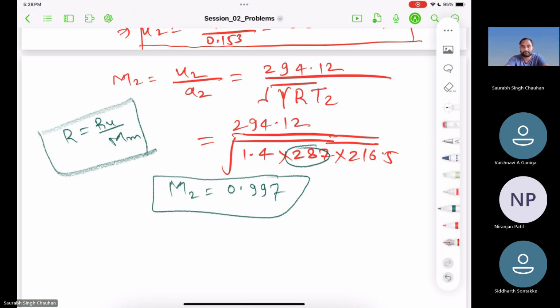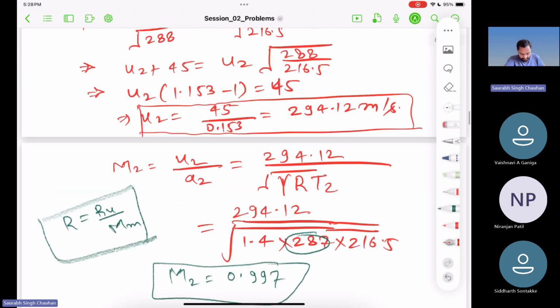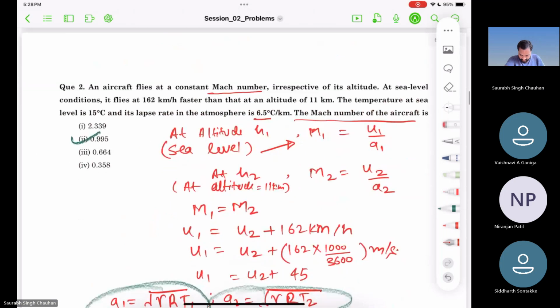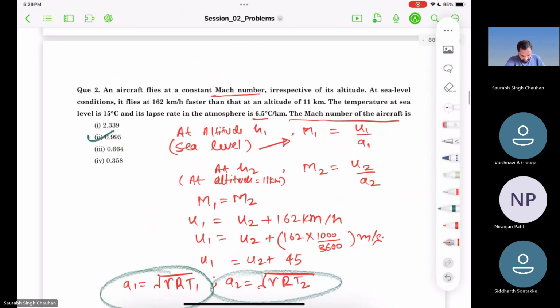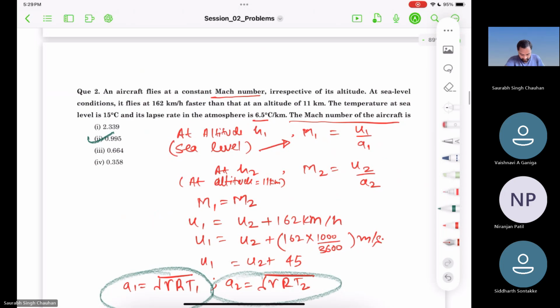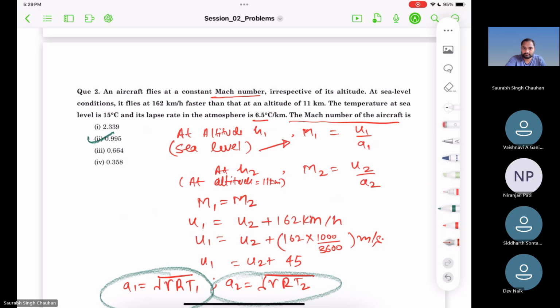Okay. So is there any doubt? Okay, I think it is clear, right?